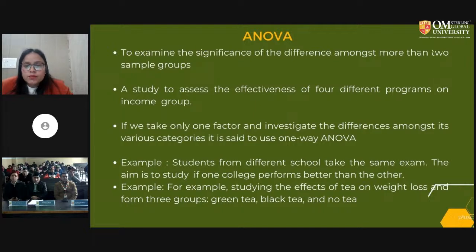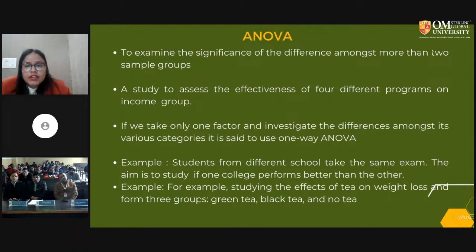Then this ANOVA is basically further divided into two parts, that is one way ANOVA and two way ANOVA. One way ANOVA is basically when we have only one factor, and on the basis of that one factor, we want to test the significance of difference. For example, we have taken two examples here. First is there are different students from different schools who have taken a same exam.